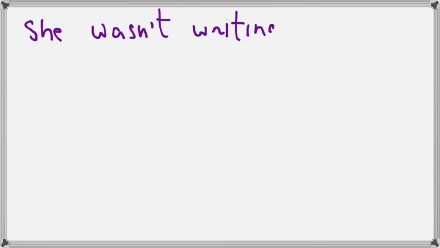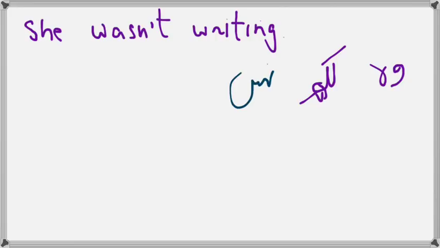Similarly, she wasn't writing. We have got two versions. Informal is वो लिख नहीं रही थी.